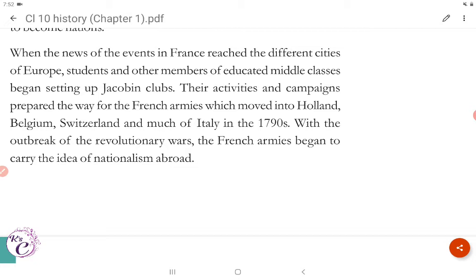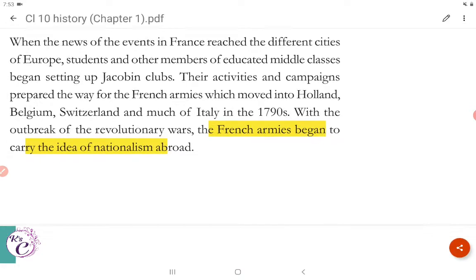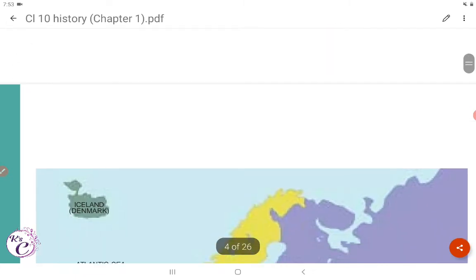With the outbreak of the Revolutionary Wars, the French armies began to carry the idea of nationalism abroad.